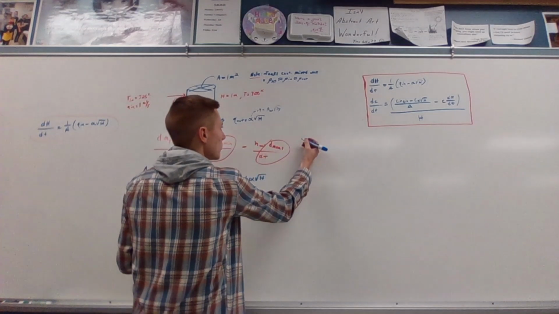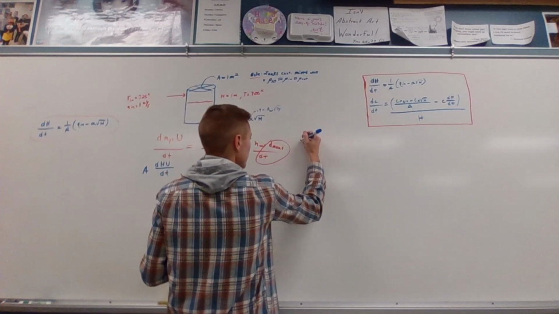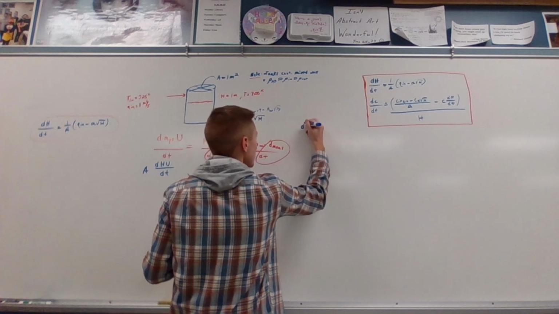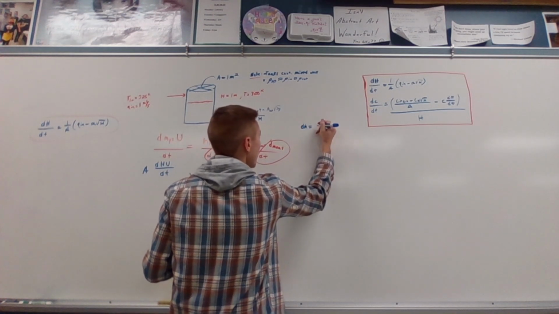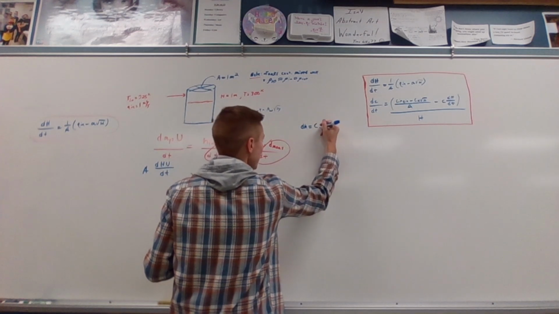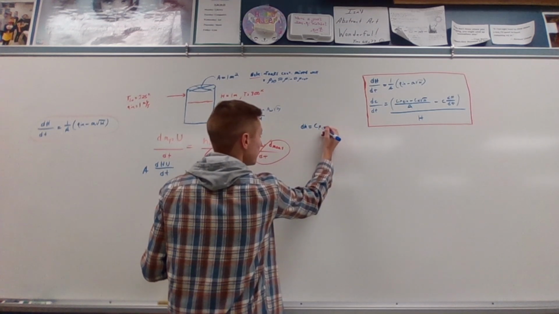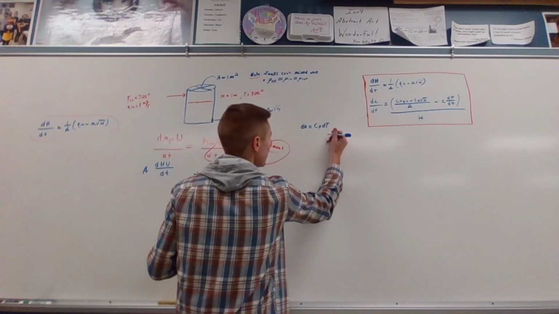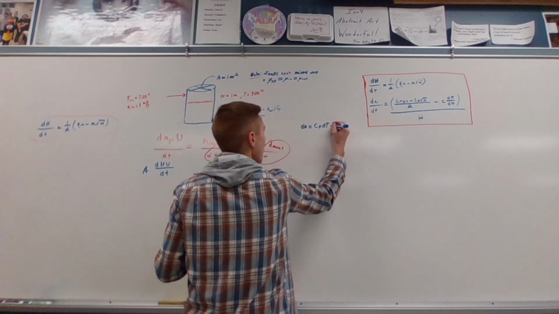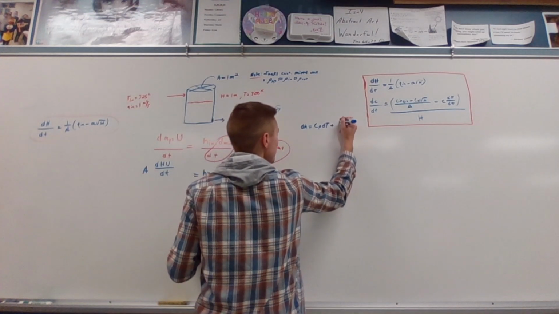So we can say that a small change in enthalpy is equal to our heat capacity at constant pressure with respect to temperature plus some dependence.